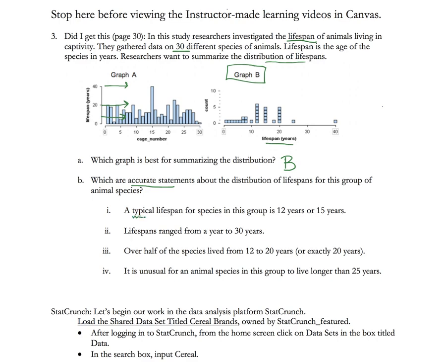Well, what we really need to zero in on is this word typical. And here at the beginning of the course, it's coming in a fairly generic way. Typical, we're going to think of as maybe some kind of a central value for that variable. So where would a central value for lifespan be?